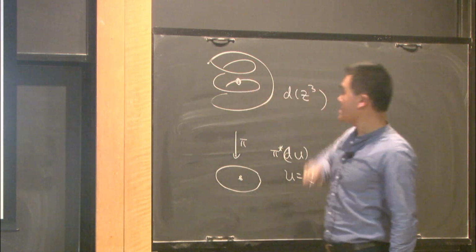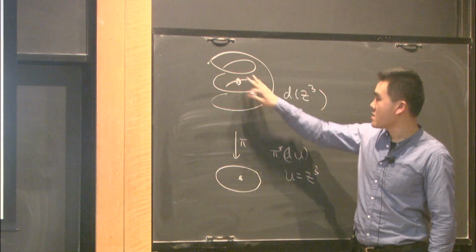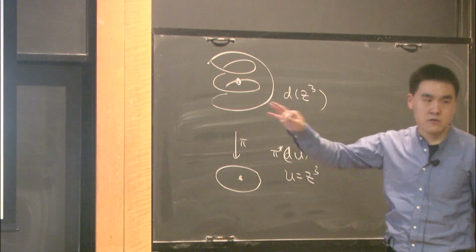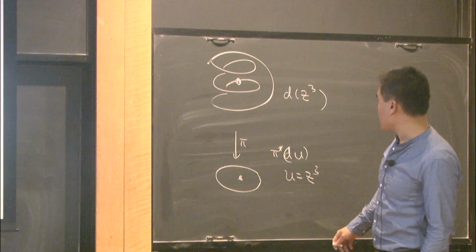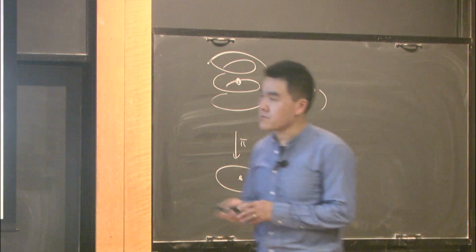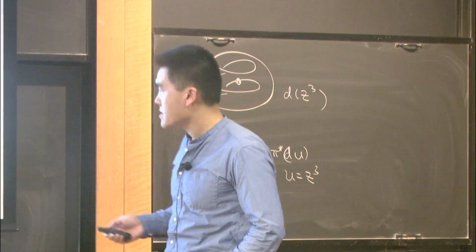So that's how you should think of the local flat geometry around a zero of this one-form with a certain vanishing order. I'll also present you a global picture soon.